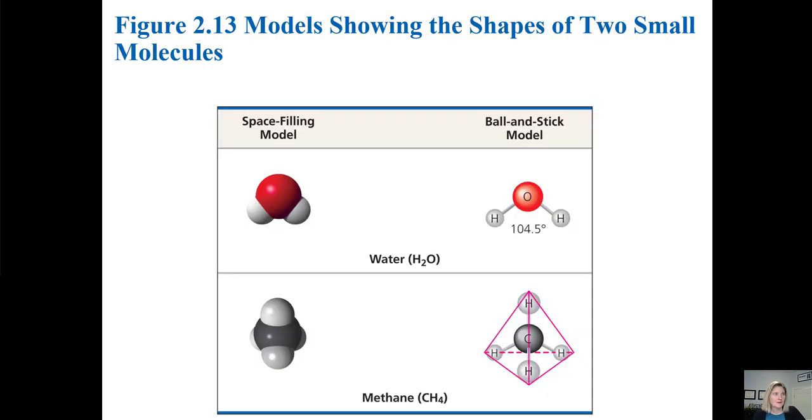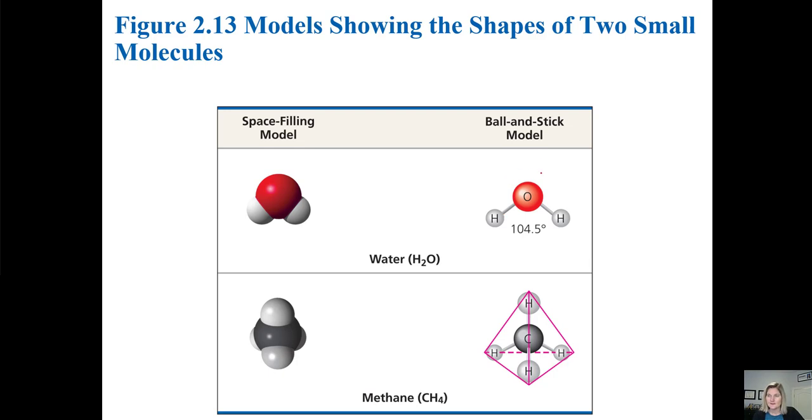All right. So if we take a look at these models, molecule size and shape are key to its function inside the cell. Molecular shape determines how biological molecules recognize and respond to one another by their shapes. So you can see that water, we already know, has this polar covalent bond, and so it has this type of shape to it.